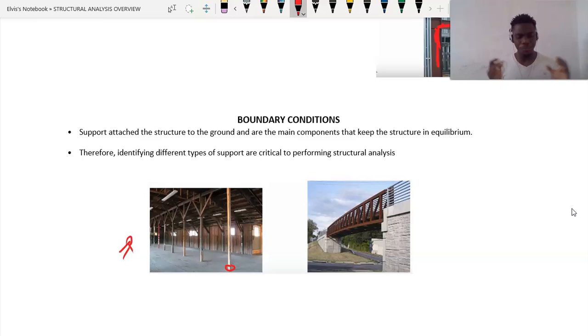Okay, so we try to take a look at the responses of a structure due to the environmental load placed on the structure, or the environmental load the structure is experiencing. Okay, so using structural analysis, we are going to design our buildings. Okay, guys, so structural analysis is basically a way which structural engineers analyze buildings.